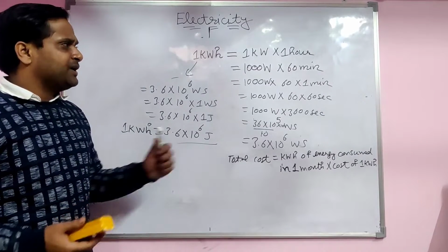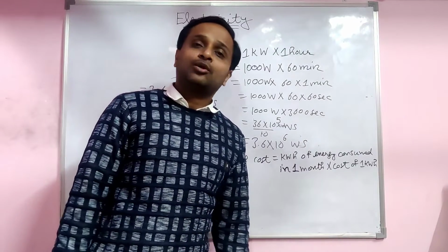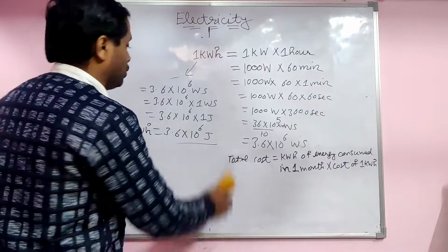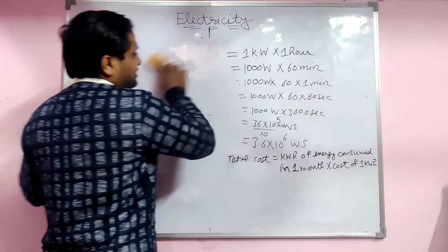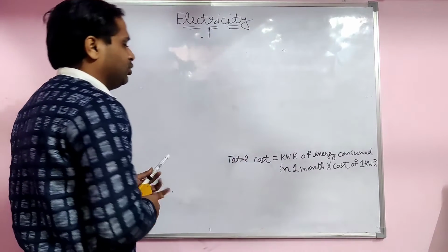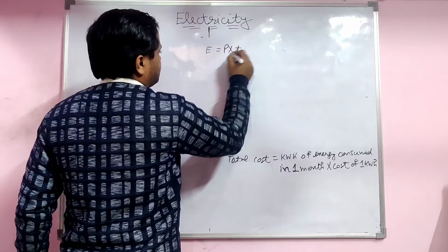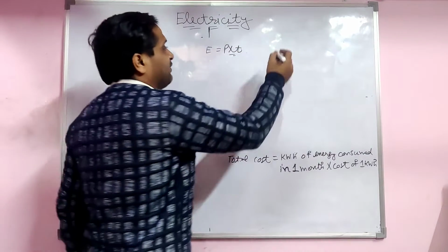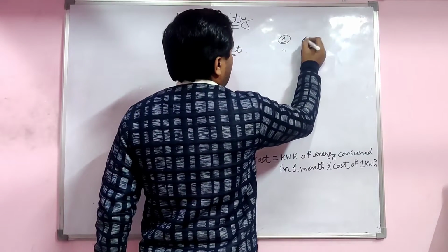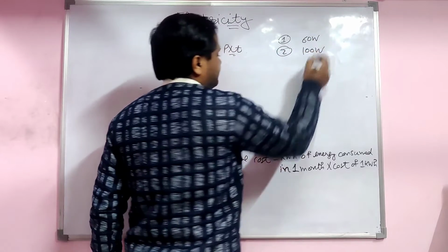Now our question: how do we calculate the bill at our home? Students, now I will tell you how to calculate the bill. Energy is equal to power into time. For example, one bulb is 60 watt, and a second bulb is 100 watt.